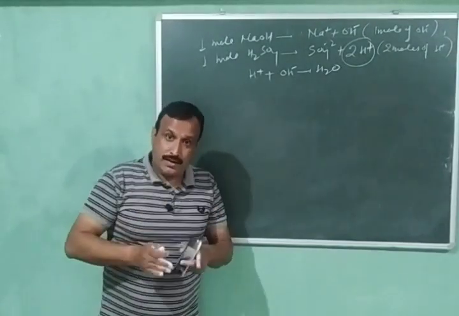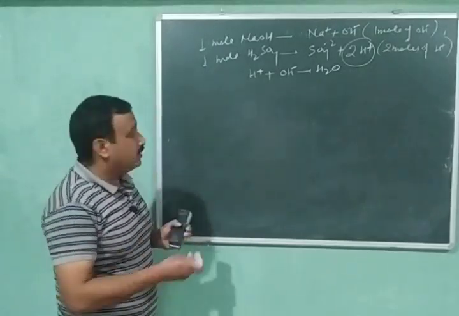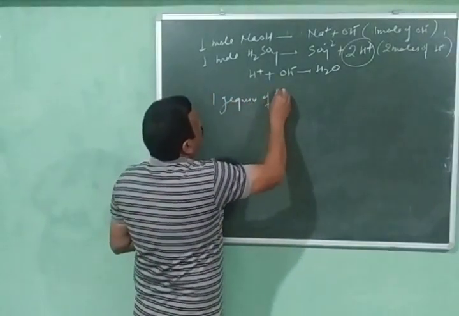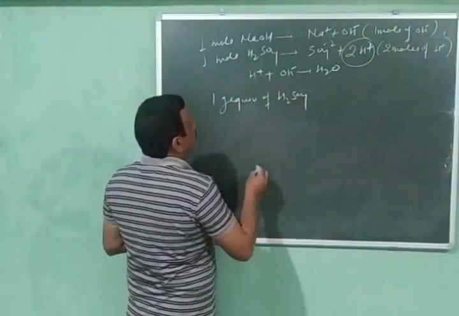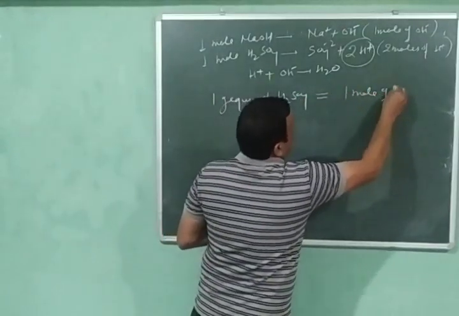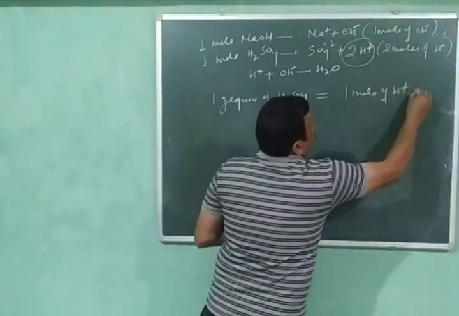What if I take 1 gram equivalent of sulfuric acid? Then it will give us 1 mole of H positive ions.